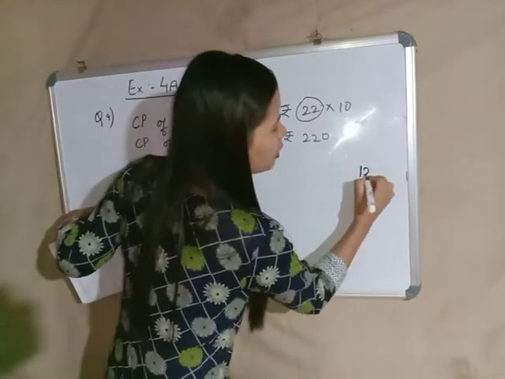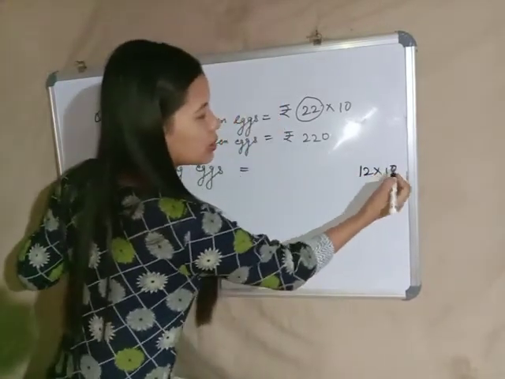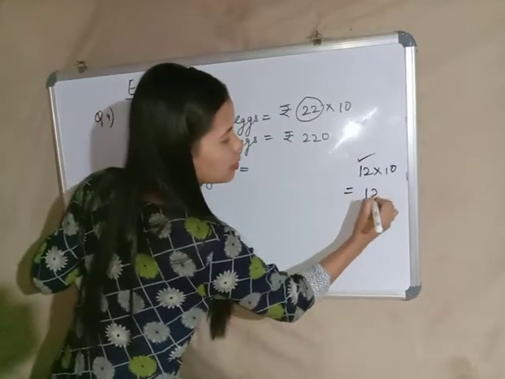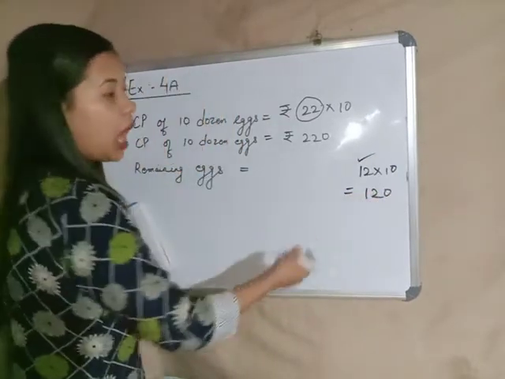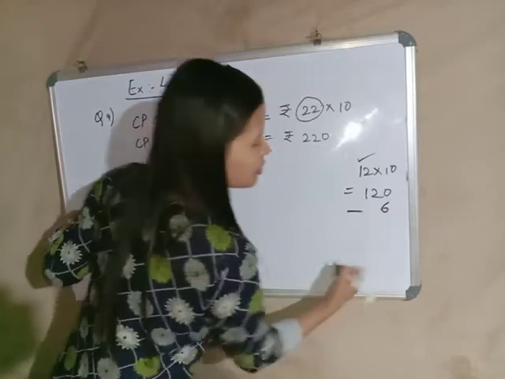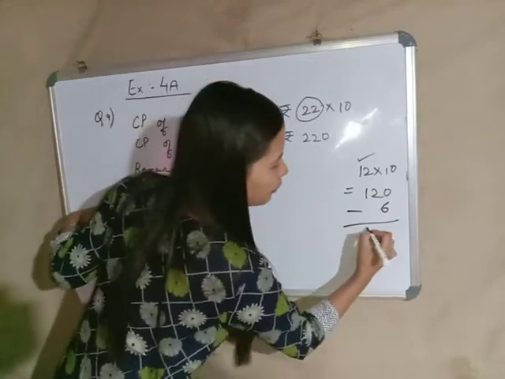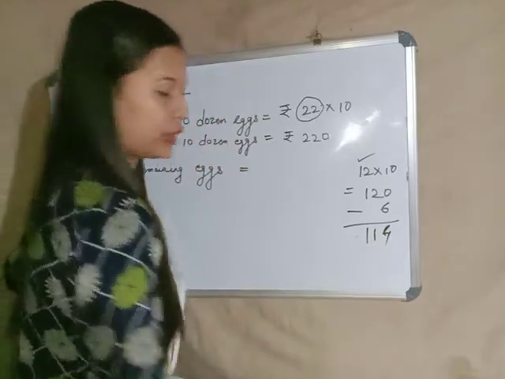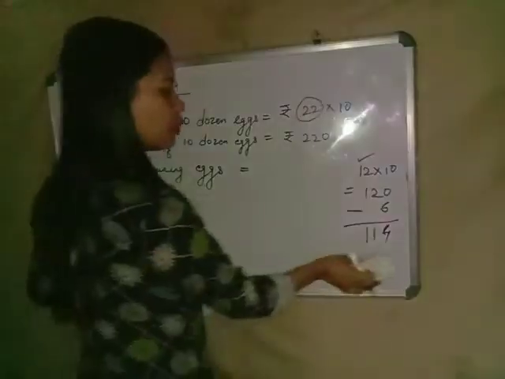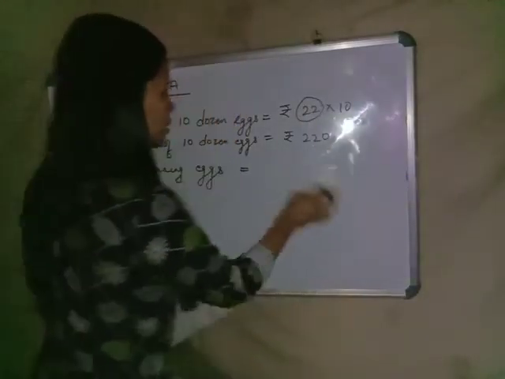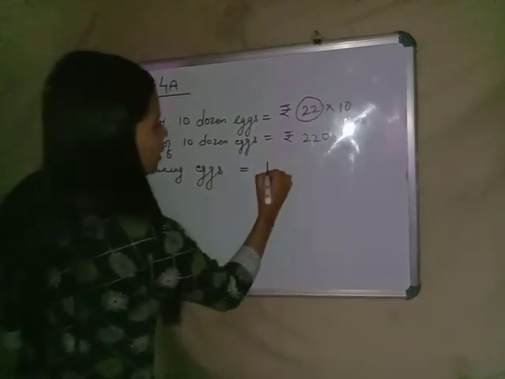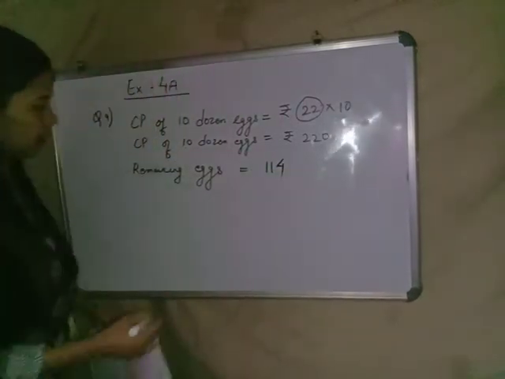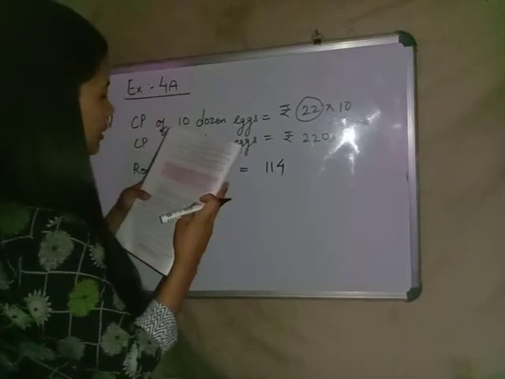So there will be 12 into 10, because in 1 dozen there are 12 eggs. So there are in total 120 eggs. Okay. Out of this, 6 are rotten. So we subtract that. So the remaining eggs is 114. Okay. So after the rotten eggs are removed, the fresh eggs left is 114. Remaining eggs equal to 114.